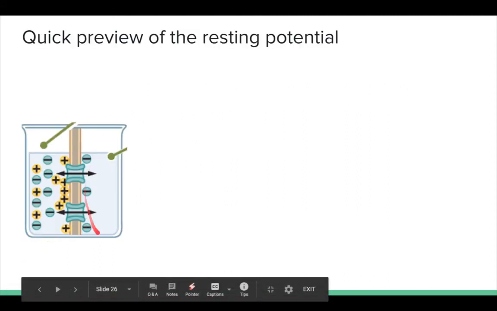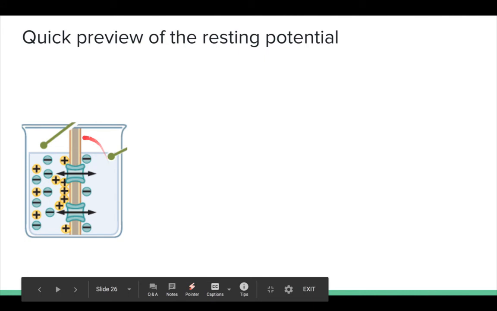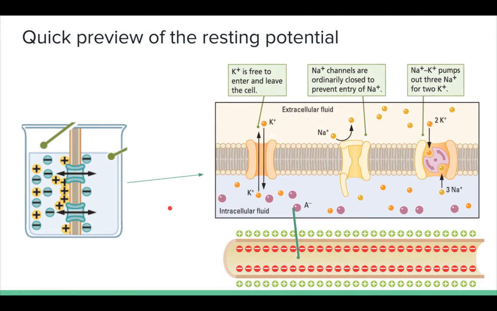In this example, we had this imaginary setup where we've got a container with two sides and we've put salt inside that container. If you can understand what's happening here, then you can understand what's happening in a neuron because it's more or less the same thing. In the case of the resting potential, it's not chloride that's the main driver, it's potassium. But if you can understand the example that we just went through, you're most of the way to understanding how the resting potential works.